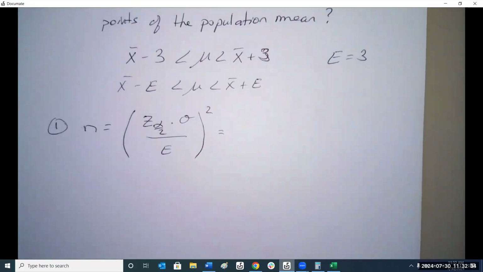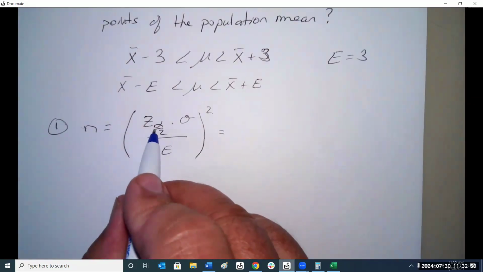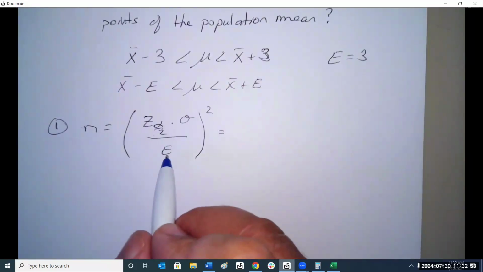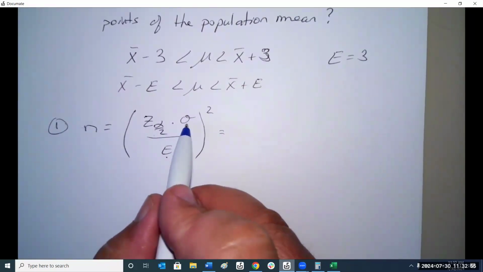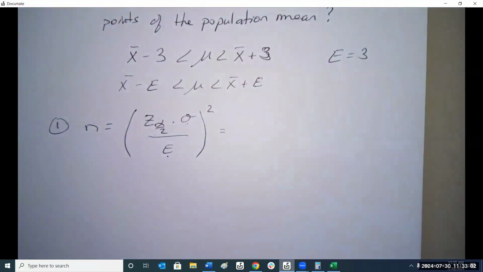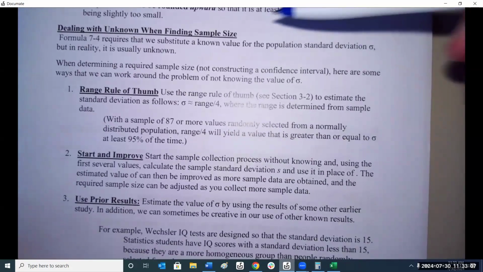Oh, I left something out. Because we can figure this out since we know the alpha. We know this, that's our E, this value here. I missed this part.